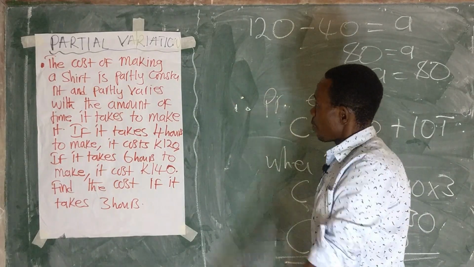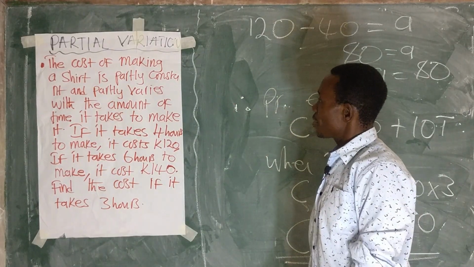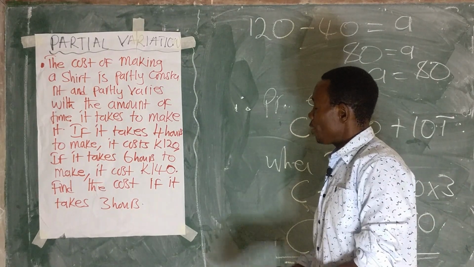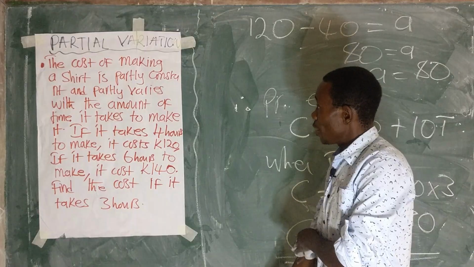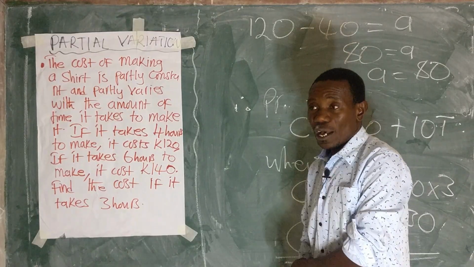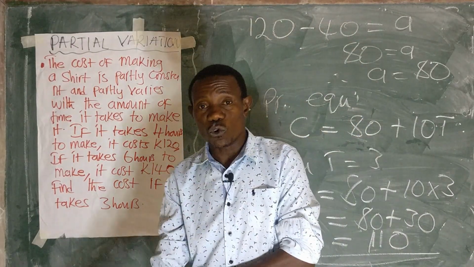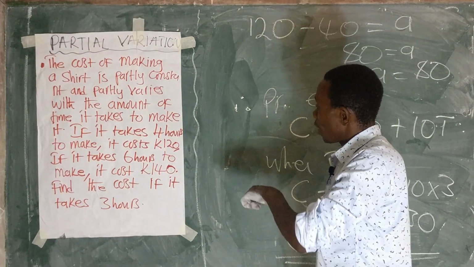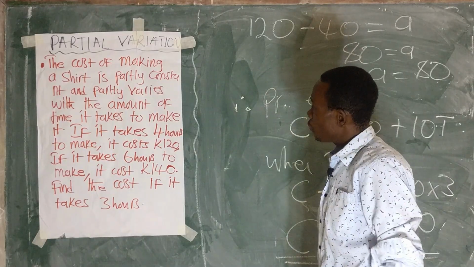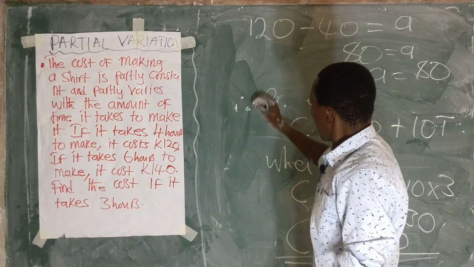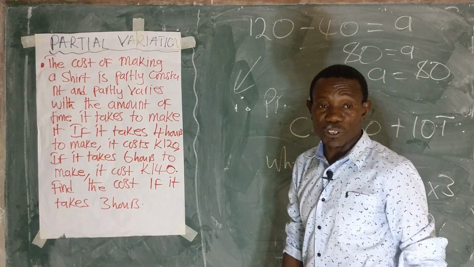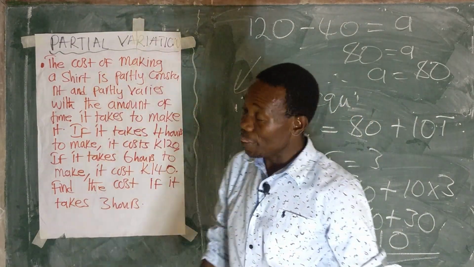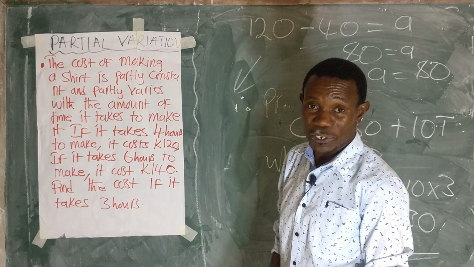So just to make a summary of this, and how you can differentiate it from the other types of variation and recognize it: you'll be able to know that partial variation usually demands 2 constants. And then to work out the values of the constants, you bring in some approaches from simultaneous equations, which weren't there in the other types of variation.